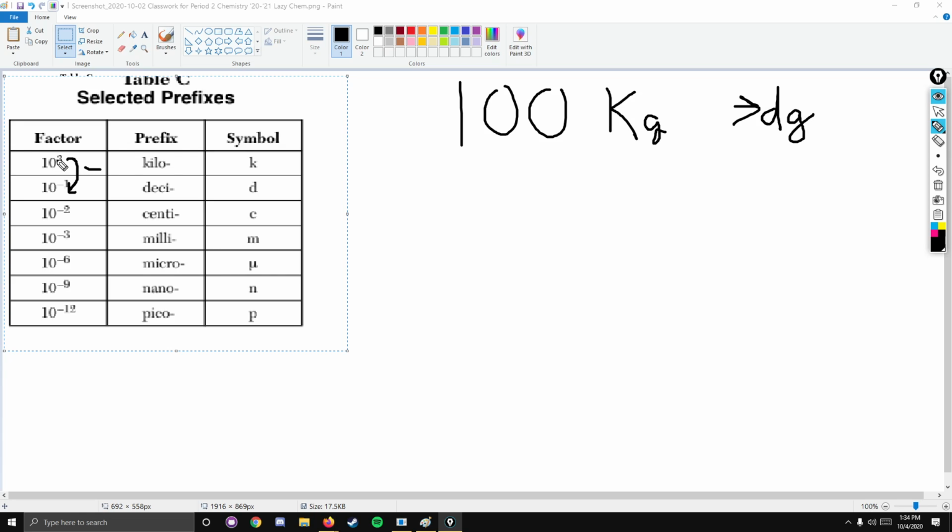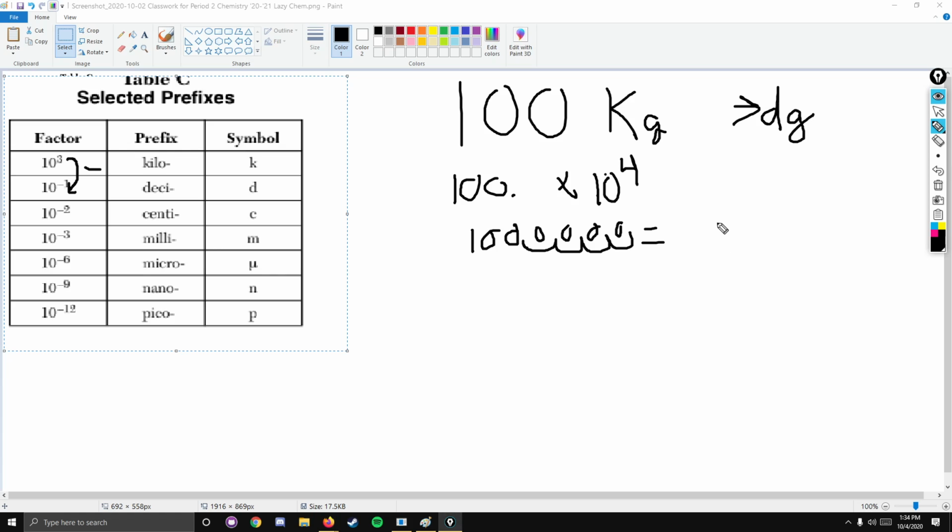So you can do 10 to the third minus 10 to the negative first. So 3 minus negative 1 gives you positive 4. So it'd be 100 times 10 to the positive 4. We would take our decimal place and move it to the right 4 spaces. So 100, 1, 2, 3, 4. Fill in those zeros.